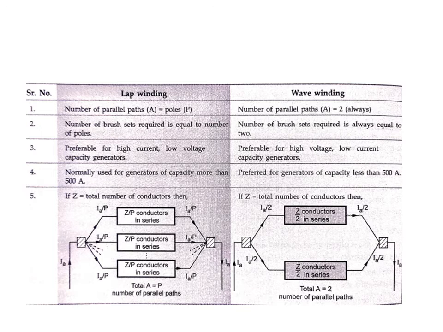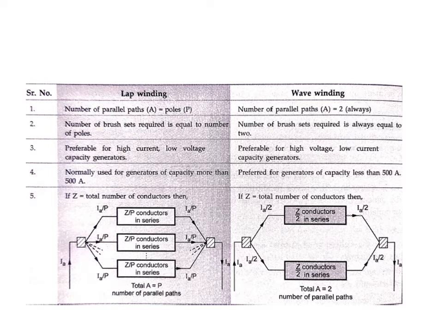And other differences: the number of parallel paths in the lap winding is equal to the number of poles in the whole generator. Number of parallel paths means the number of conductors placed in a parallel structure. So you can see in the fifth point, the number of parallel paths is equal to the number of magnetic poles present in the generator in the lap winding.